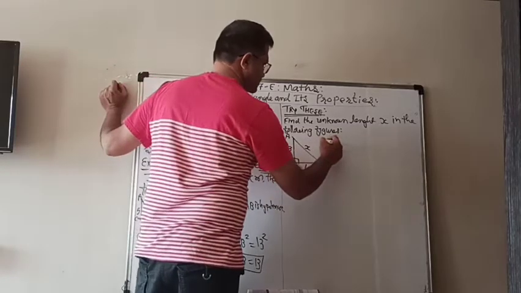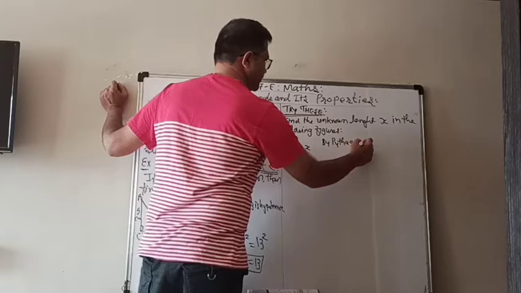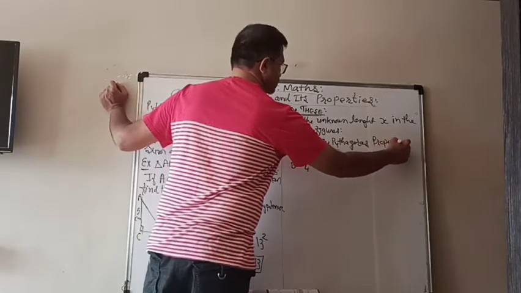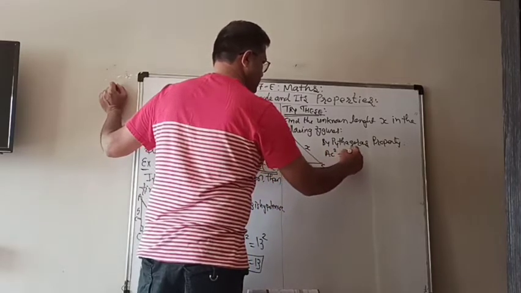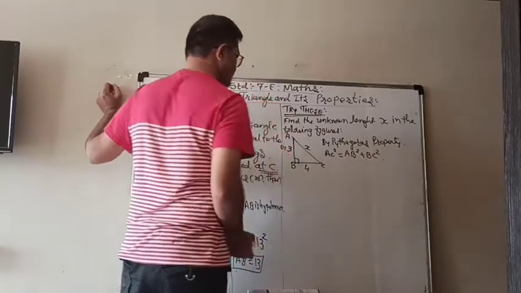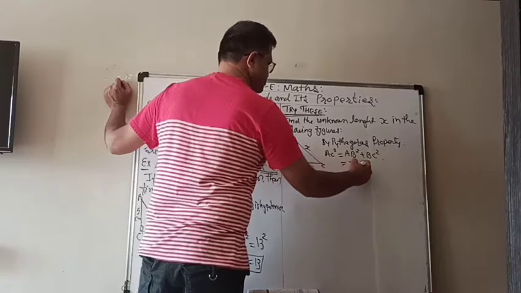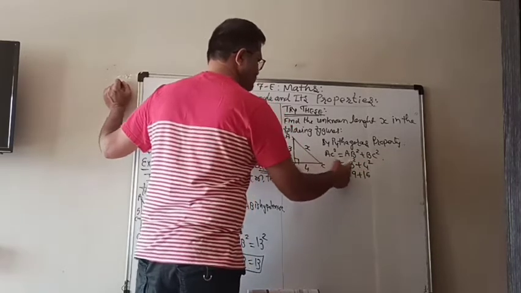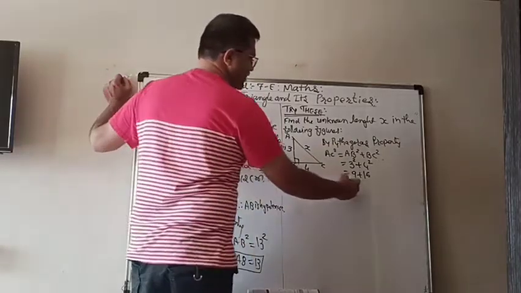So now by Pythagoras property, what? AC square is equal to AB square plus BC square. That is 3 square plus 4 square. 3 square is 9, 4 square is 16. 16 plus 9 is 25.